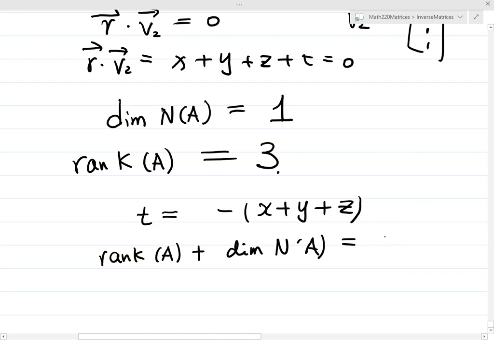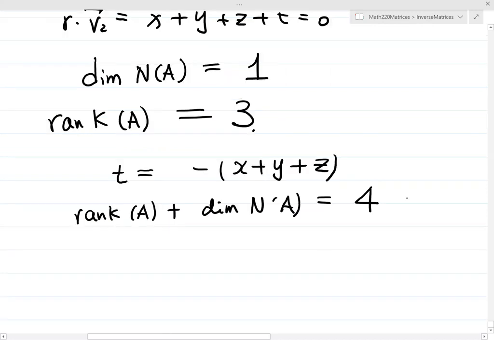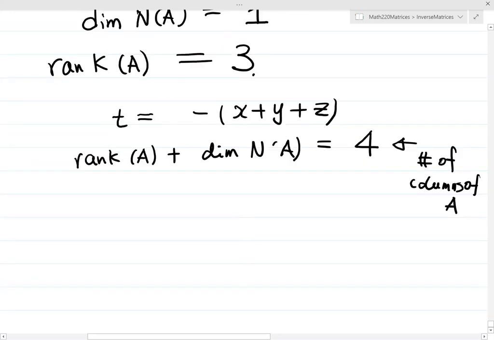This 4 is the number of columns of A. So the choice of A is far from unique. For instance, let's choose this one.